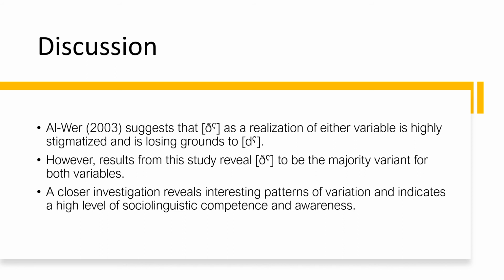However, results from the study reveal that the is actually the more frequent variant for both variables. However, that's not the end of the story. A closer investigation reveals very interesting patterns of variation and indicates that these speakers have a high level of sociolinguistic competence and awareness.